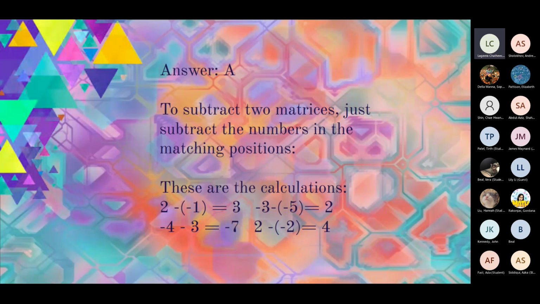To solve this particular problem, you'd have to subtract the two matrices. Just subtract the numbers in the matching positions. So 2 minus -1 is equal to 3, -4 minus 3 is equal to -7, -3 minus -5 is equal to 2, and 2 minus -2 is equal to 4.